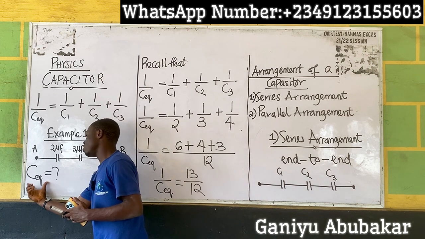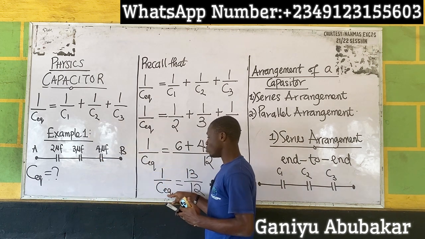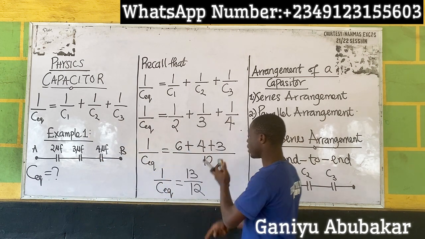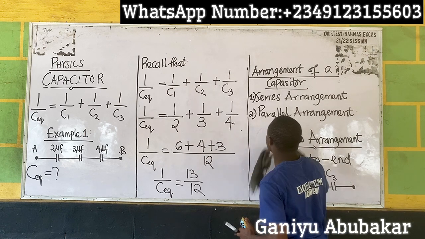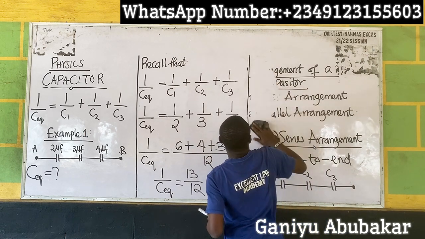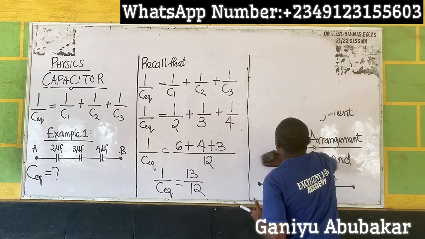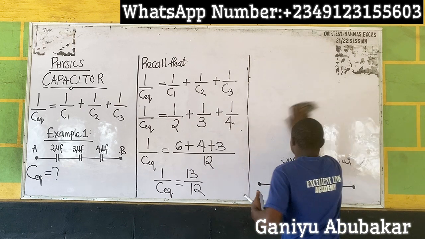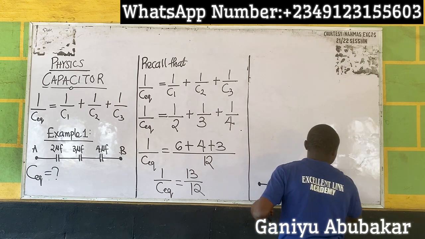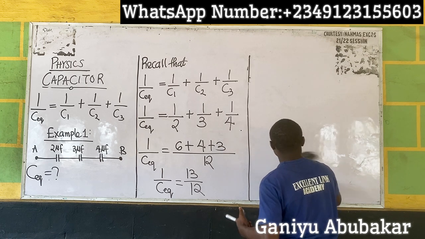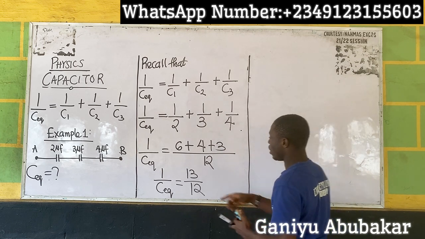I'm asked to find CEQ, not 1 over CEQ. So I have to invert the two of them such that I'll have something of this nature. At this junction, I will invert.